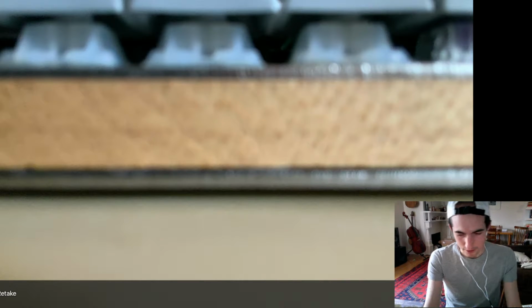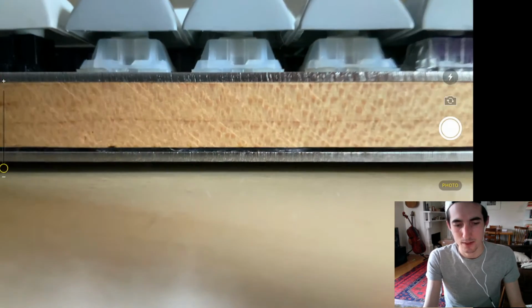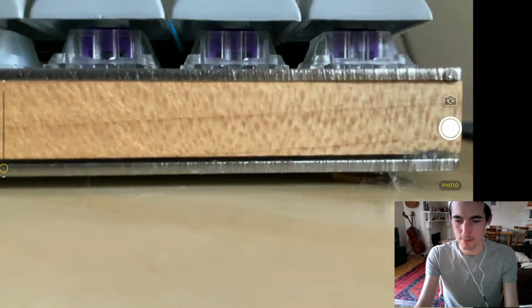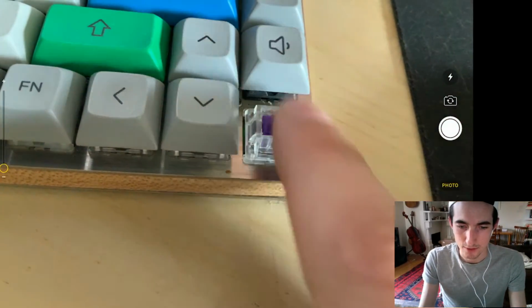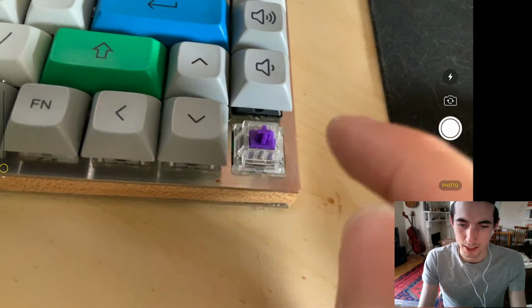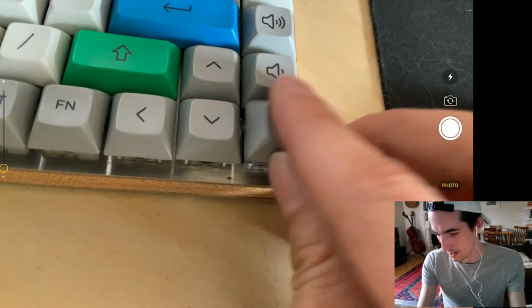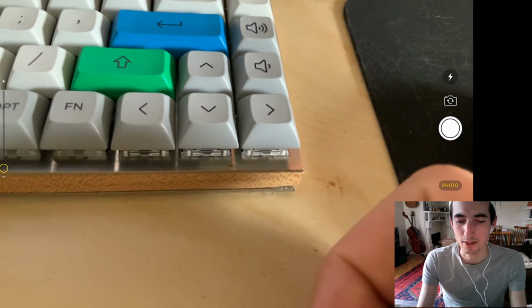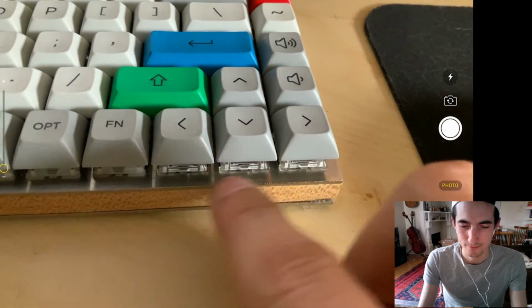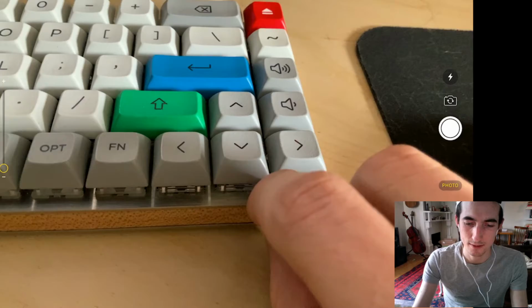Shoot, I forget what they were called. There's a mix. Most of them are these purple ones. They're not Cherry. They're kind of like Cherry MX Clears. But who made them? They're custom made. Clears are like browns except bumpier.